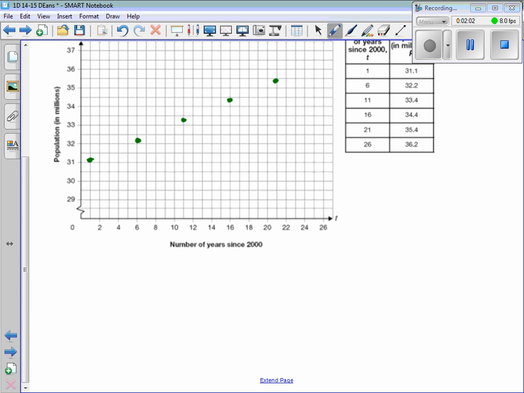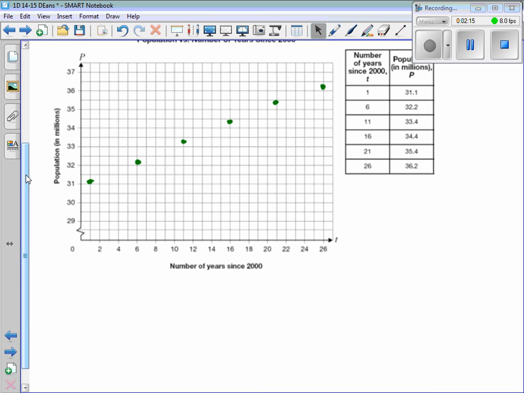And what's the last year we have? 26, 36.2. Okay. So you should have a graph that looks something like this.